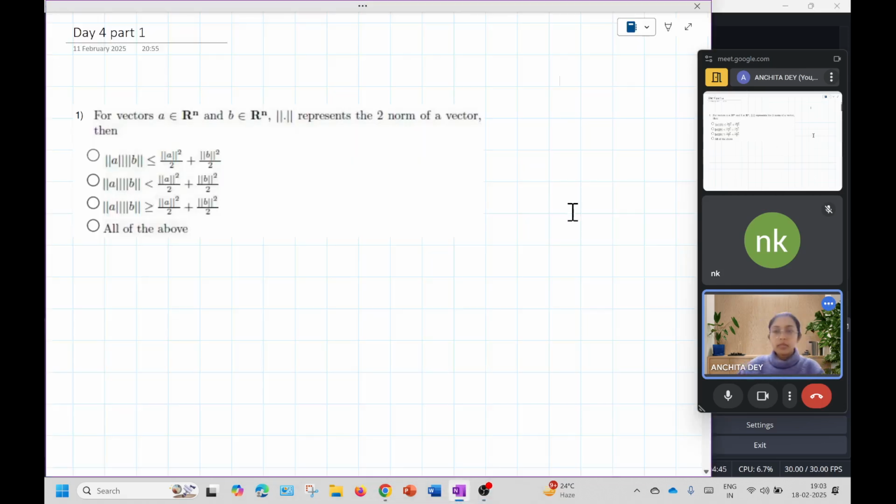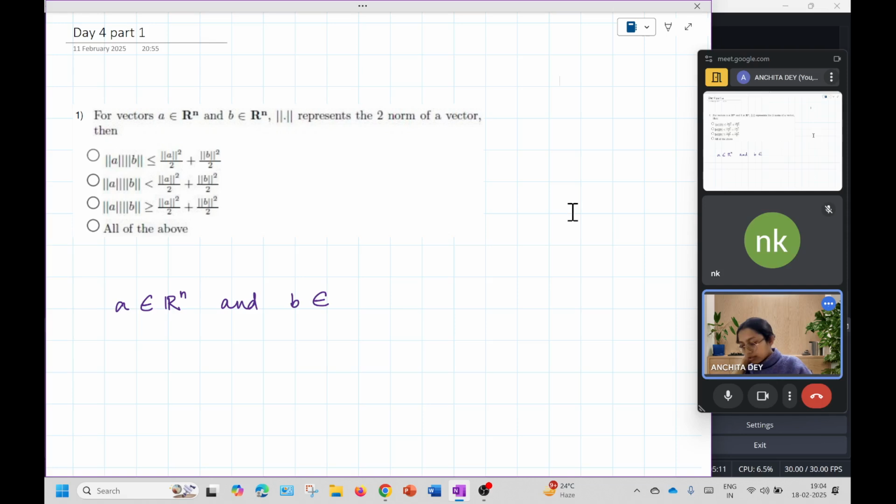Okay. It's given that we have two vectors, A that belongs to Rn and B which also belongs to Rn. So it is basically a vector with n elements. This symbol is simply the norm, specifically the 2 norm of a vector.